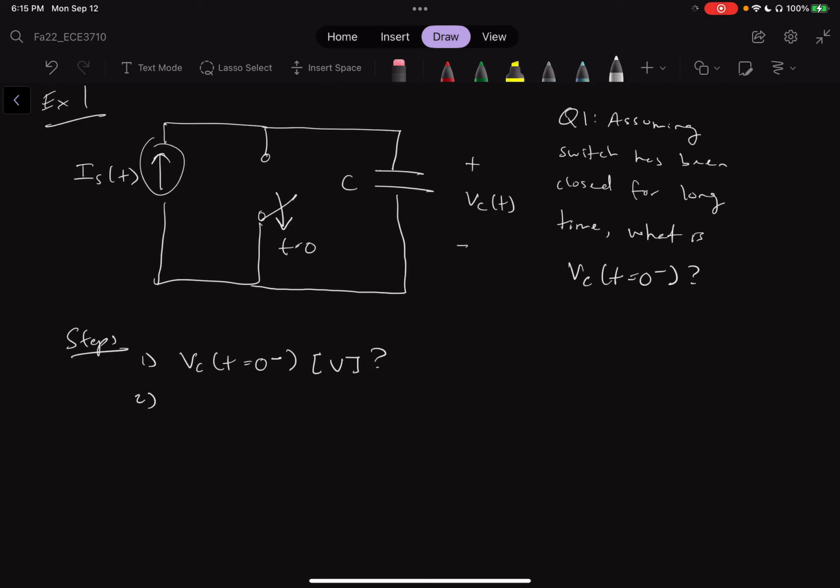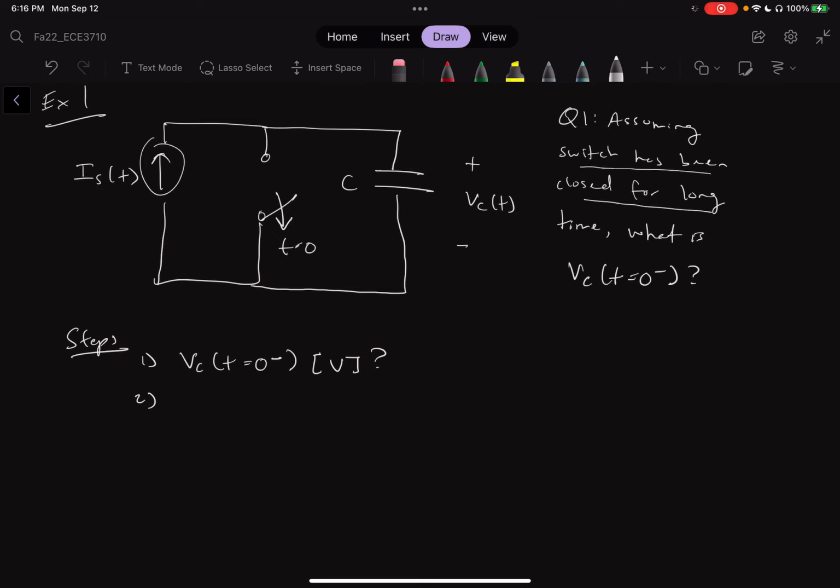Well, realize that the question said the switch has been closed for a long time. So we can assume the circuit is in DC steady state since we are at t equal to 0 minus.